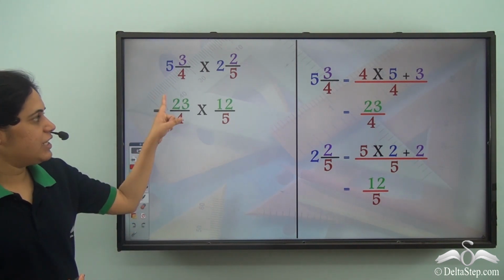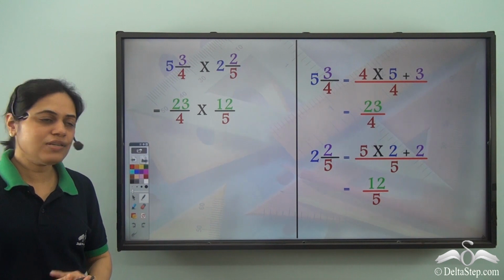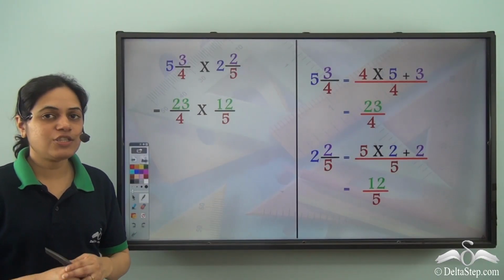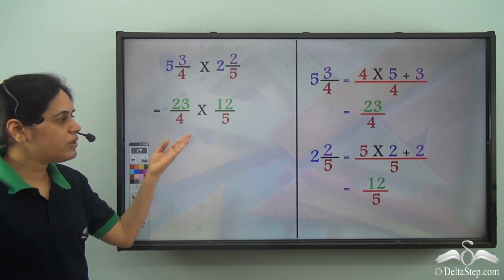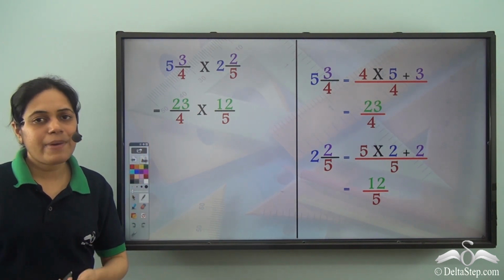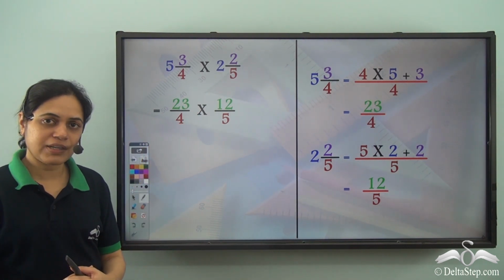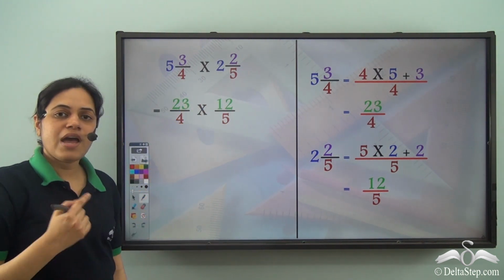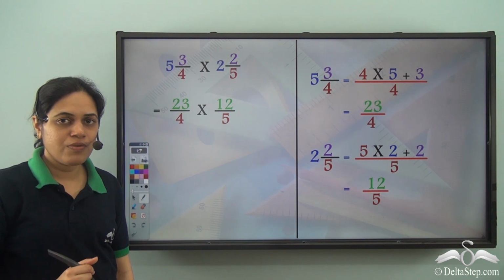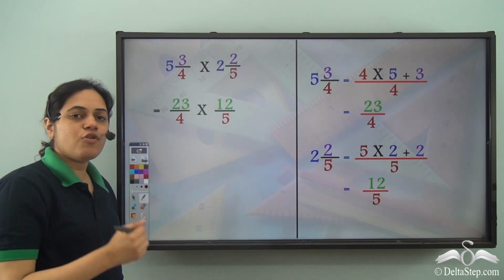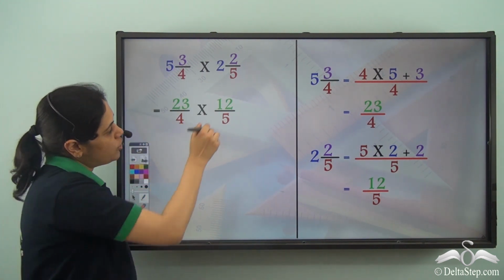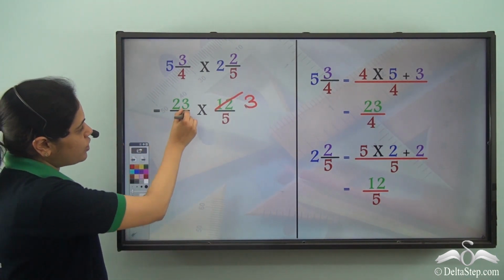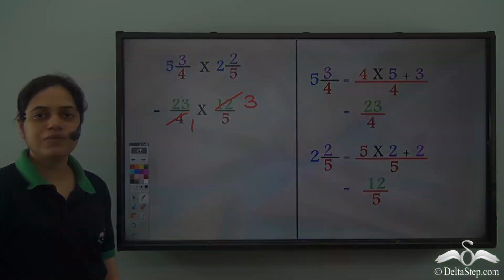So now I need to multiply the two numerators and the two denominators. But before that, I need to cancel out the numerators and denominators by dividing them by common factors. If I see 12 and 4 have a common factor 4, so I divide 12 and 4 both by 4. 12 divided by 4 is 3 and 4 divided by 4 is 1.